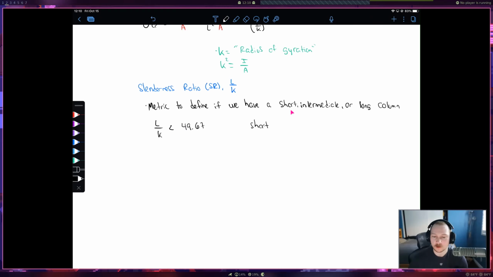Alright, so that's all we got to do. So basically, we'll define the length in MATLAB and we'll solve for K. And then we'll be able to sort out if we have a short column, intermediate, or long column. So for intermediate, that's going to be when L divided by K is in between 49.67 and 63.